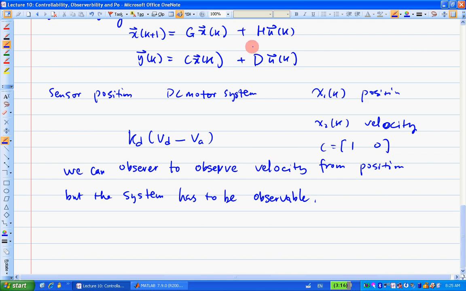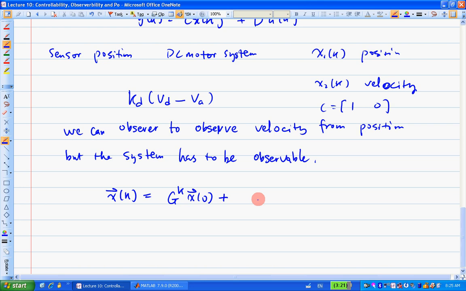We'll still start from the solution of the discrete model. If you remember the solution of the discrete model, x of k equals G^k x of 0, plus the sum of terms with G to the power k minus 1 and so on, down to G to the power 0.